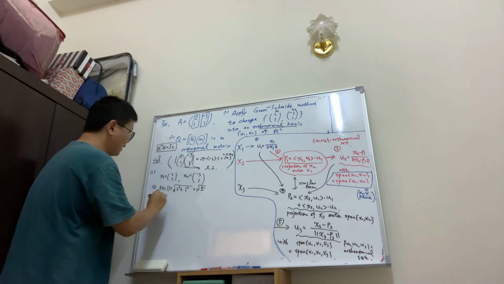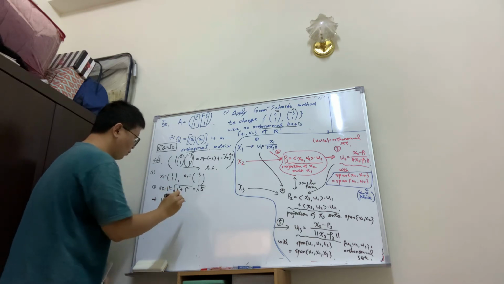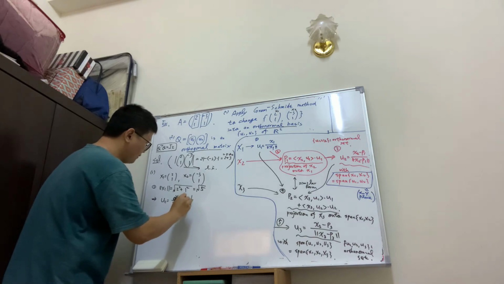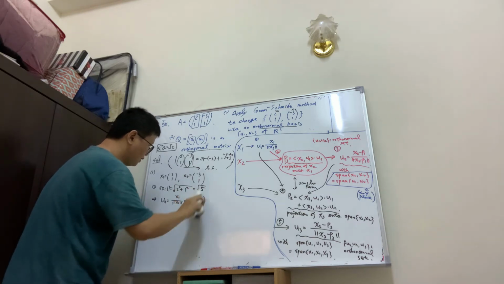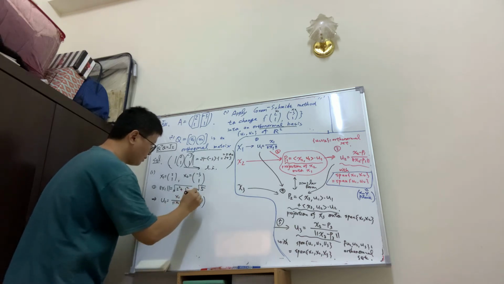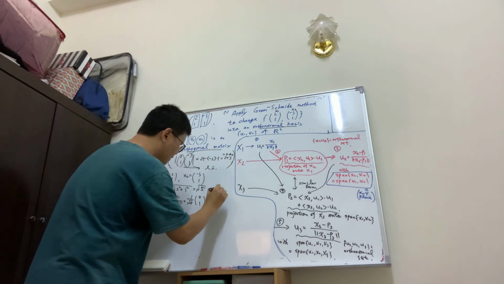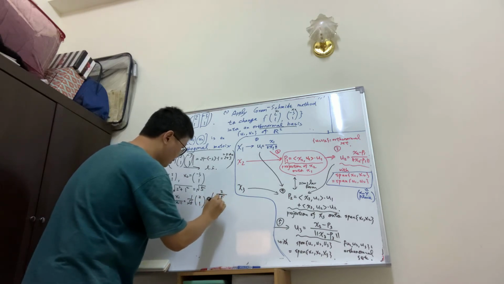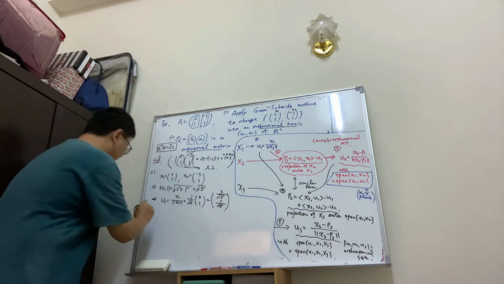So U1 is 1 over square root of 5 times the vector 2, 1. This vector divided by square root of 5 is our first vector, U1.